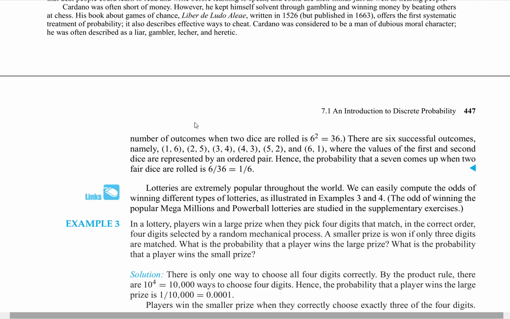How many outcomes correspond to the sum being 7? Well, now we're counting again. So you could get a 1 on the first die and a 6 on the second, or a 2 and a 5, 3 and a 4. So you can see there are 6 ways to get 7.